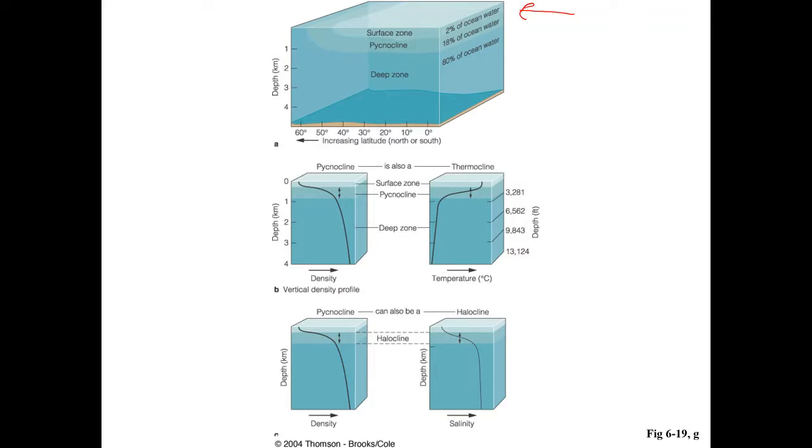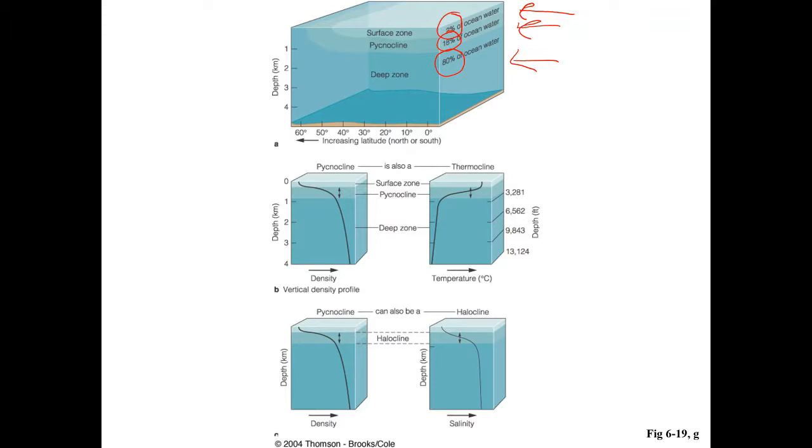First thing you're going to notice is that you have 3 layers in the ocean: a surface, a middle, called a pycnocline, and a deep. Notice that they are not equal: 2%, 18%, 80% of the total amount of the space, essentially, or makeup of all of the ocean waters.